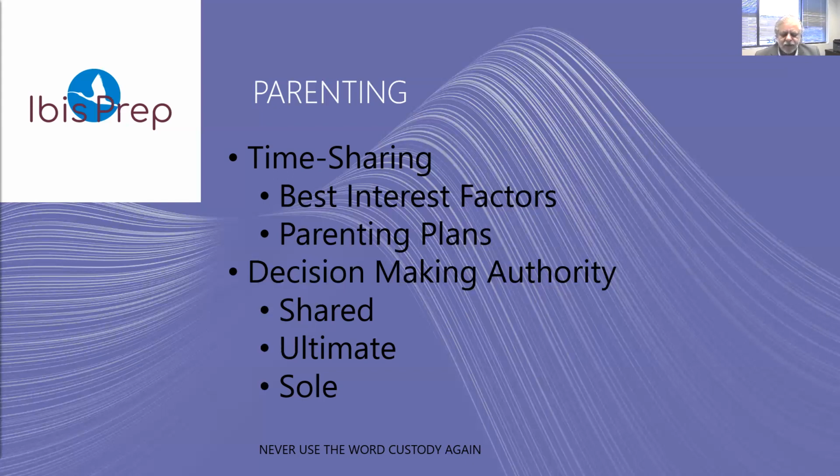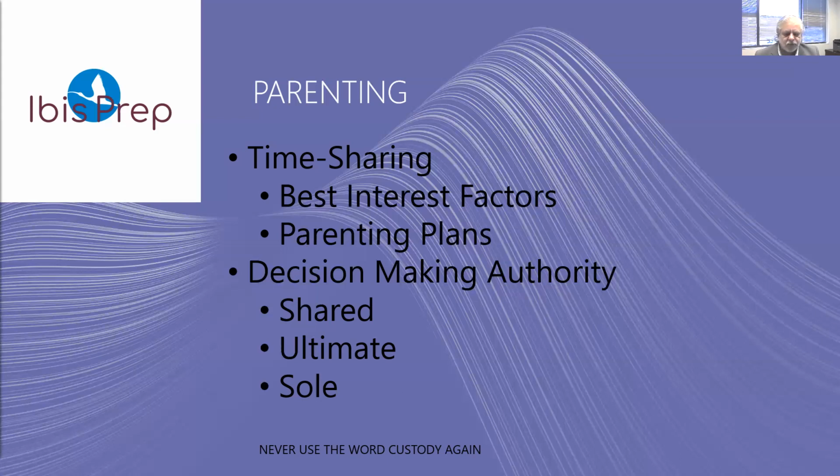The best example is one parent who believes in vaccinations and one parent who does not. They will always have this conflict. The court knows that they're going to continue to come back. And so the court says, mom or dad, you get to make this decision. You have to tell the other parent, but if you can't agree, then one parent gets that ultimate decision-making authority.